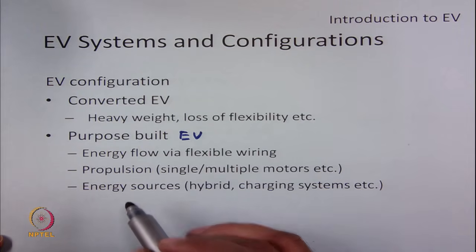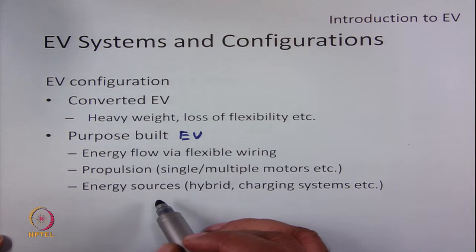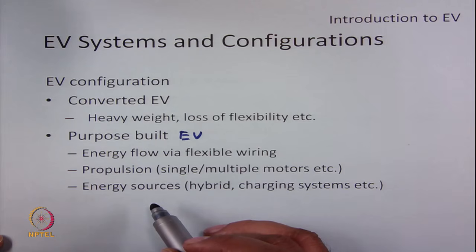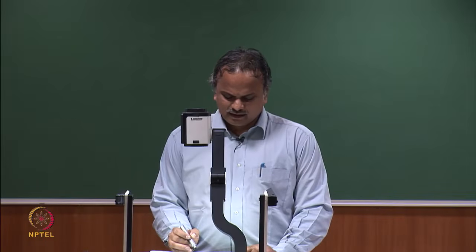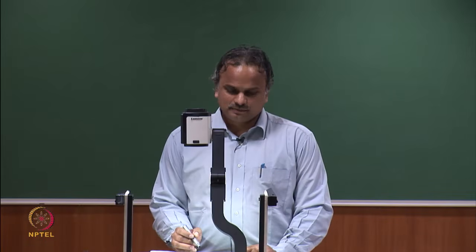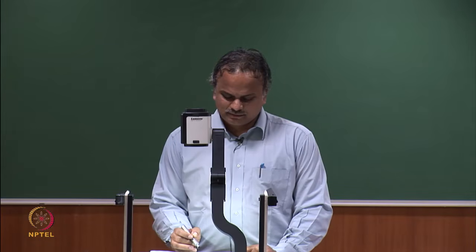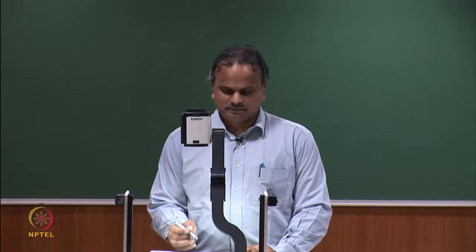Thirdly, the type of energy sources used in the EV decides the design of the EV a lot. If a single battery based vehicle is being designed, it has to be suitably done. If it is a multi battery system, it has to be done in another way.